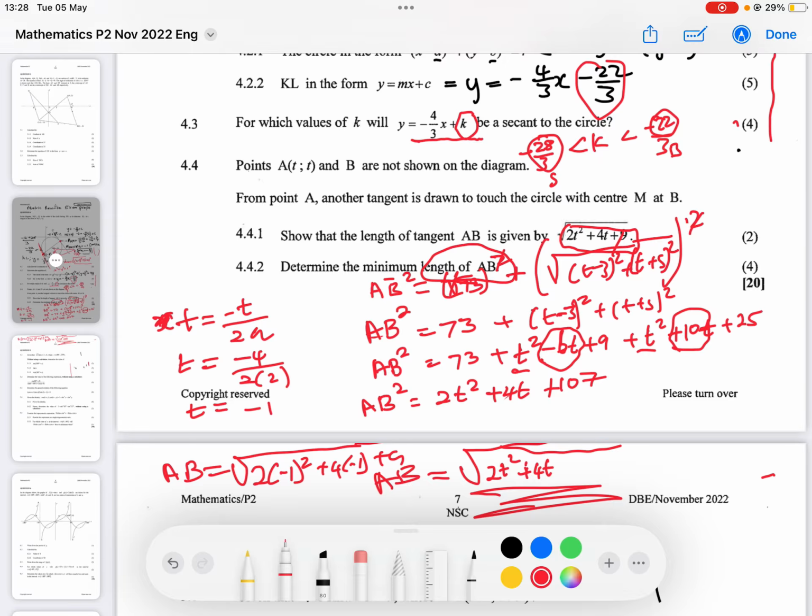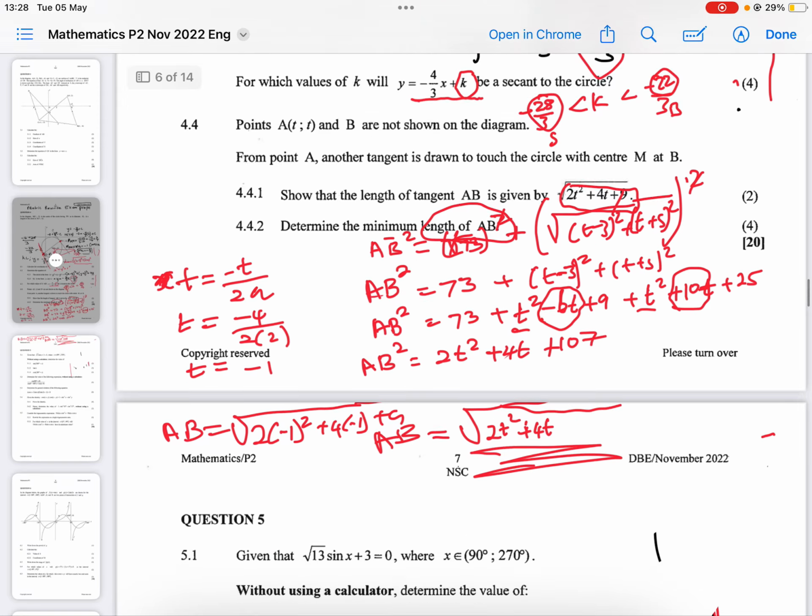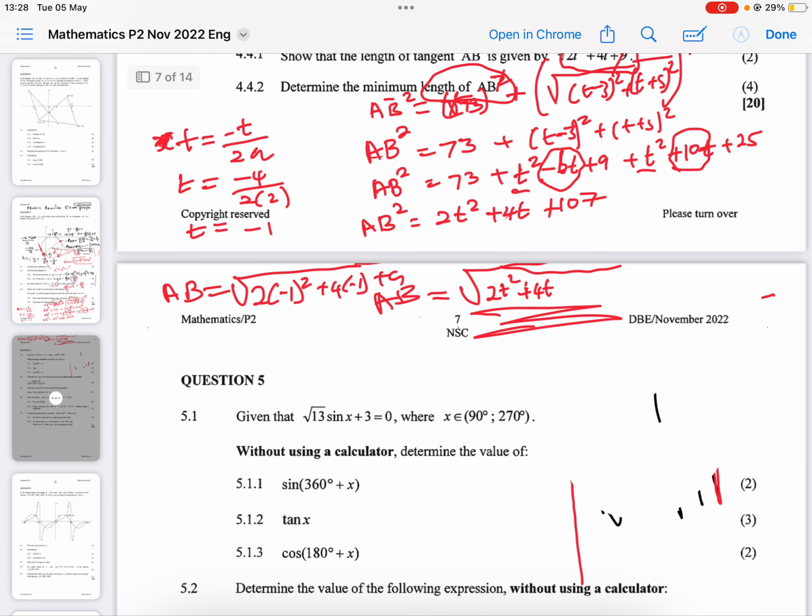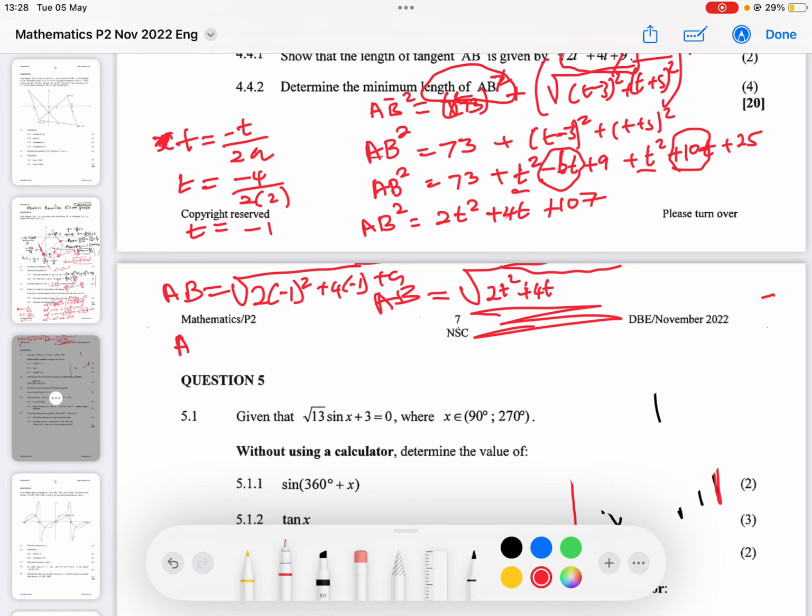This gives me 2, a negative 4, and a positive 9.